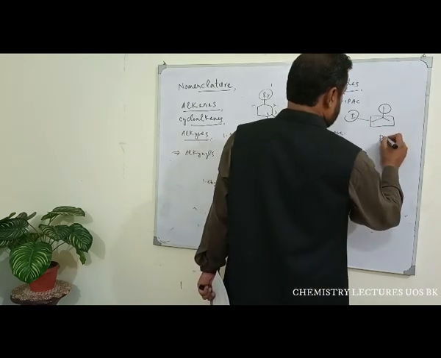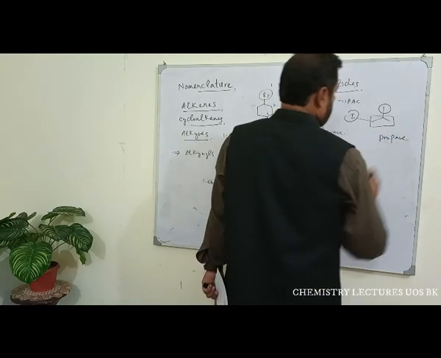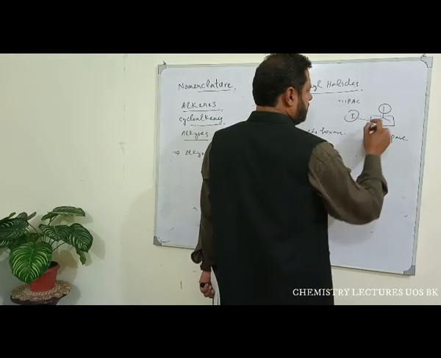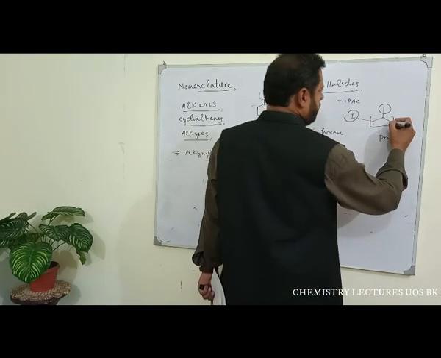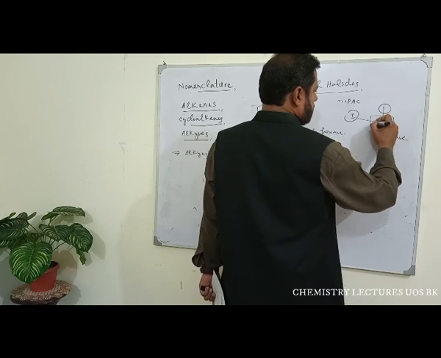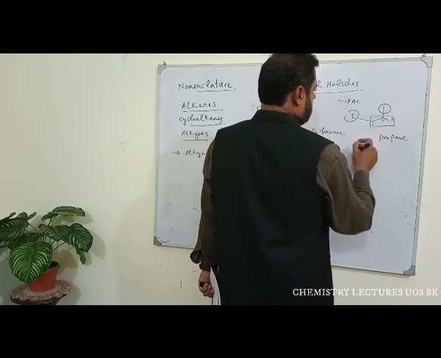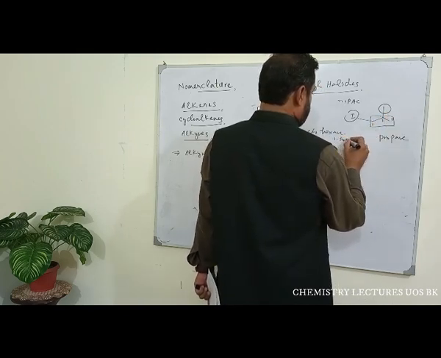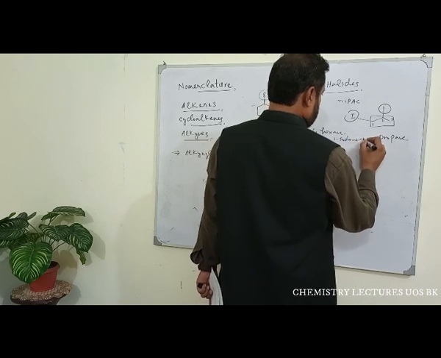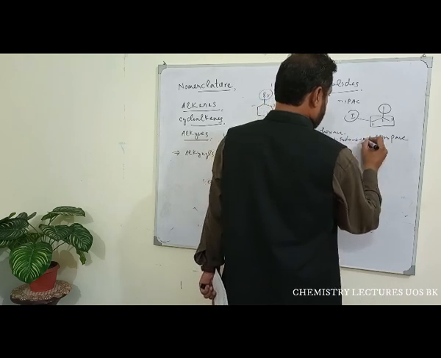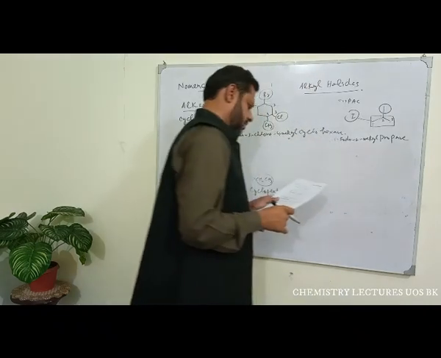So it will be propane. Start numbering from here, which gives the least possible number, because if you start numbering from the other side, you will be on the 2 position. So start numbering from here, 1, 2, 3. It will be 1-iodo-2-methylpropane.